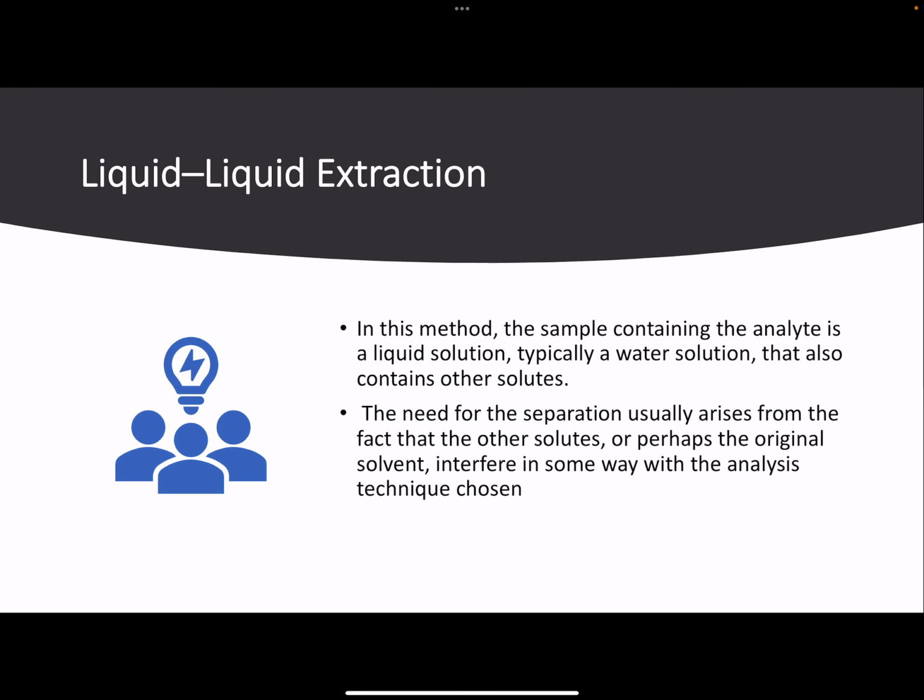Okay? Next is we have extraction. No? Yung mga extraction natin, these are methods of separating the chemical constituents of a certain analyte. No? So in this case, the sample containing the analyte is a liquid solution, typically a water solution that also contains other solutes. So, meaning, meron tayong solution that is impure.